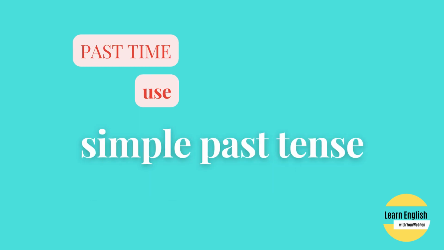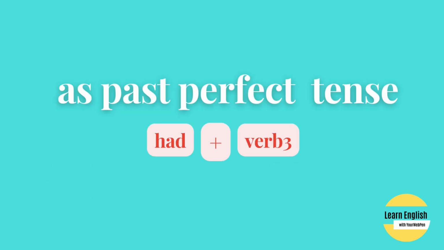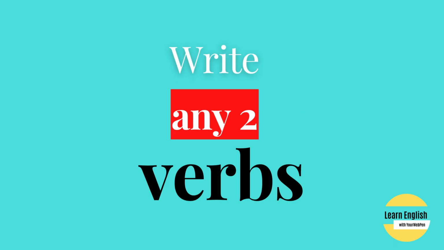So for the past time, you use simple past tense, and the act which was completed before that past time, we make it past perfect tense, had, and the third form of the verb.